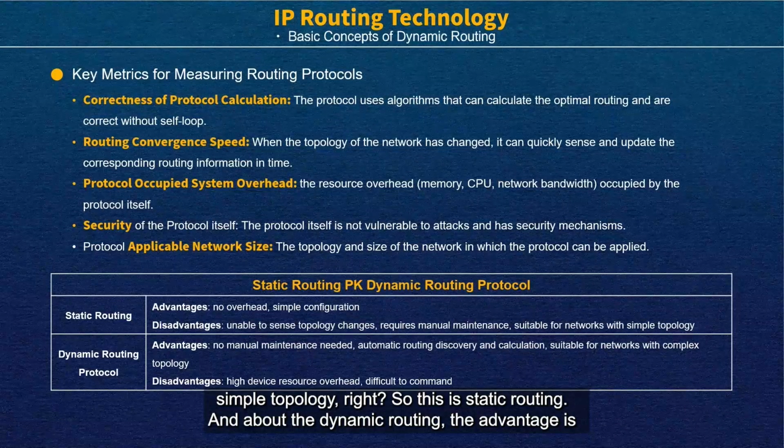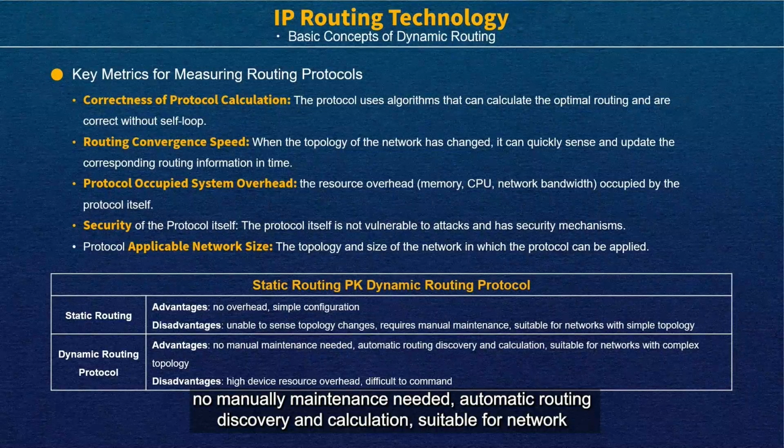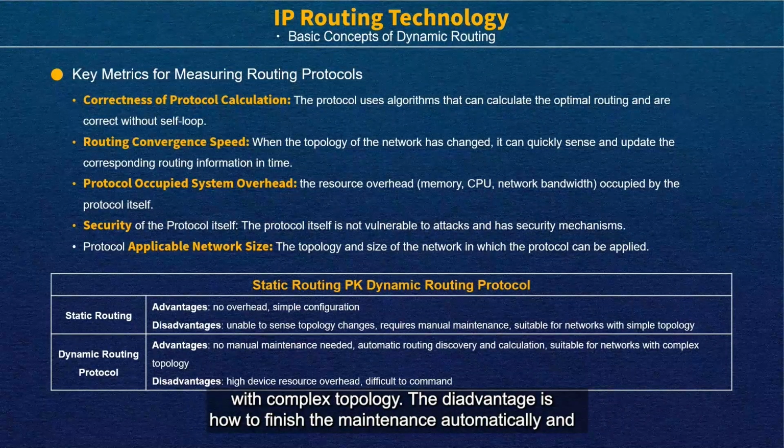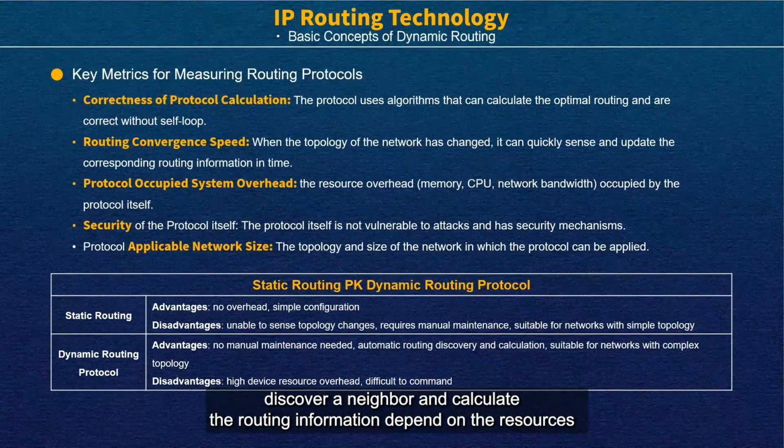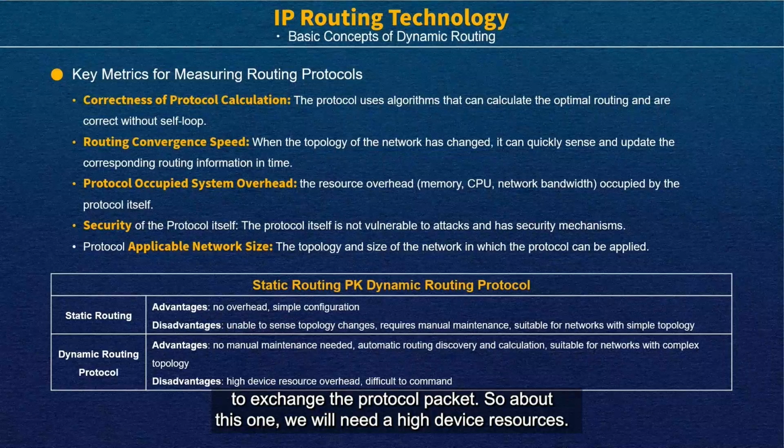And about dynamic routing, the advantage is no manual maintenance needed, automatic route discovery and calculation, and it is suitable for networks with complex topology. The disadvantage is that maintaining automatically, discovering neighbors, and calculating routing information depend on resources to exchange the protocol packets.